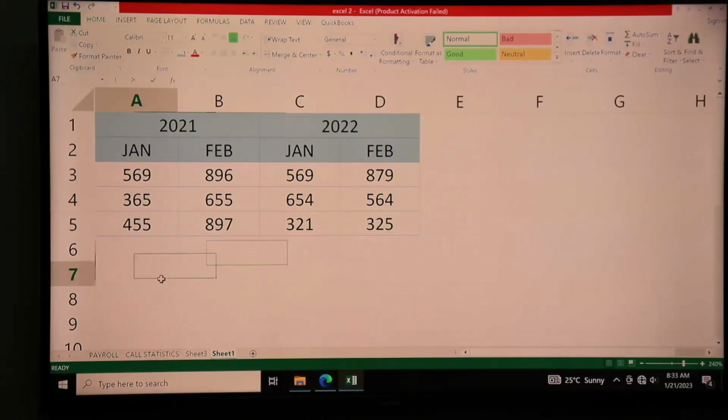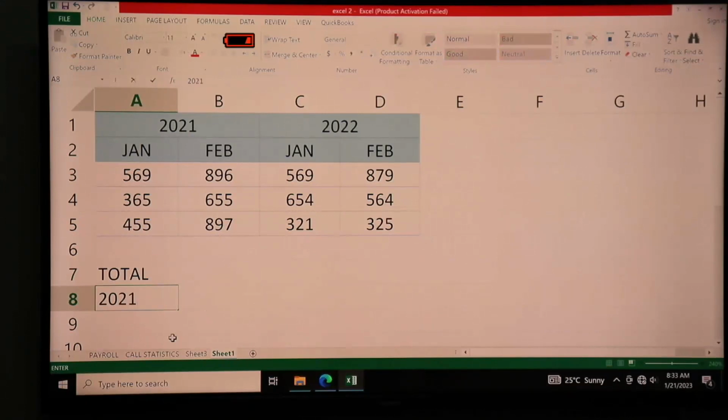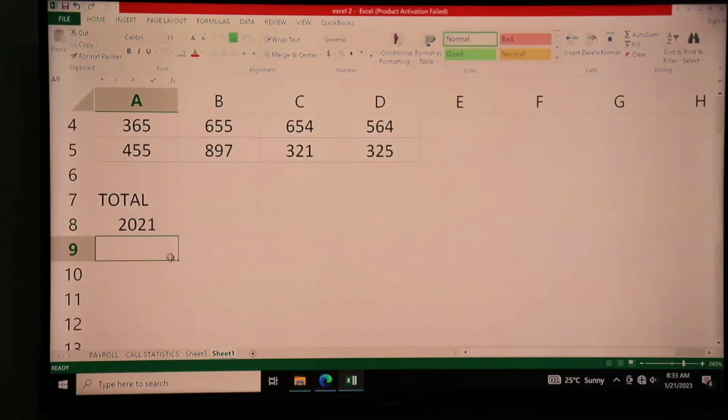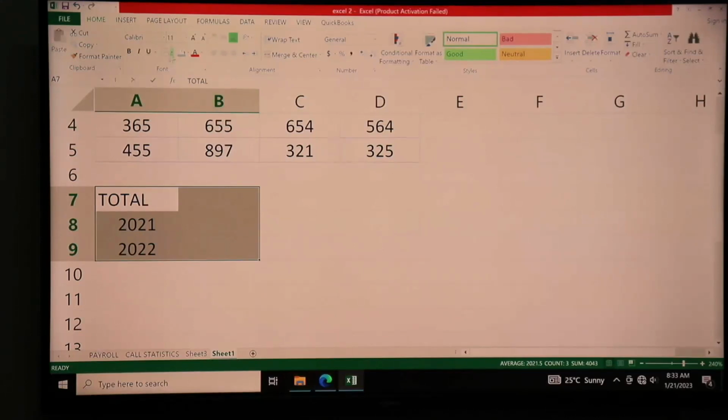So like here, we are given total, and we are told to get the total for the year 2021 and the total for the year 2022. So you process those two totals, and the values or our answers are supposed to appear somewhere here in now a different data set.